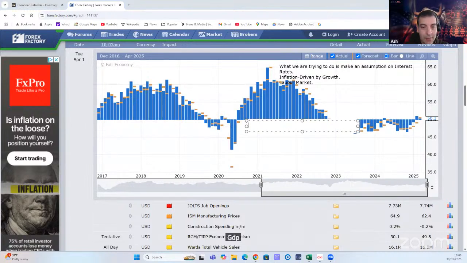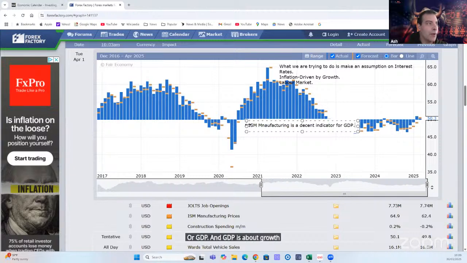So the ISM, particularly ISM manufacturing, is a decent indicator for GDP. And GDP is about growth, right?